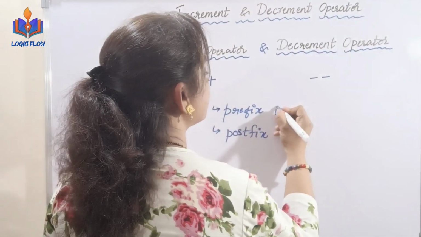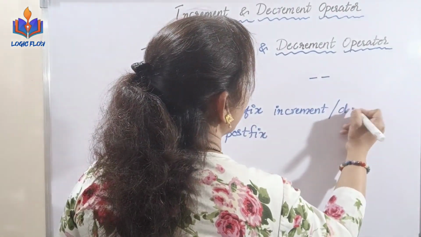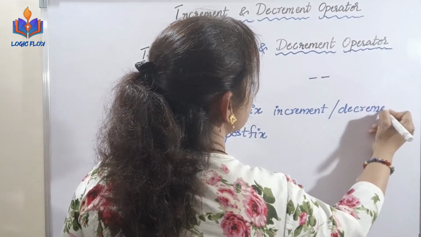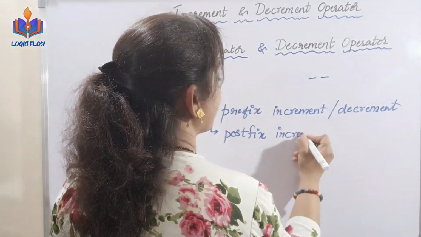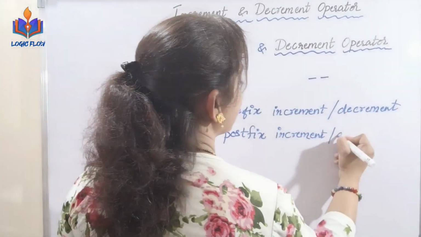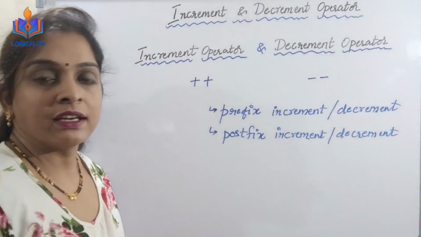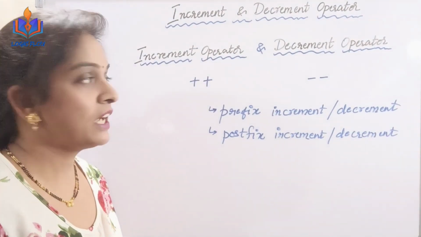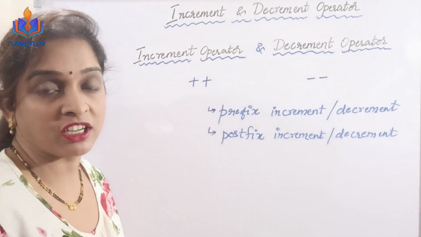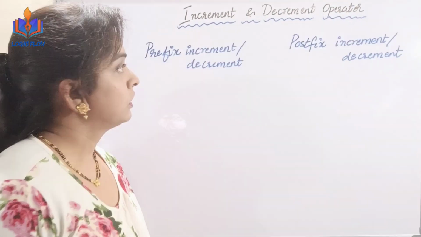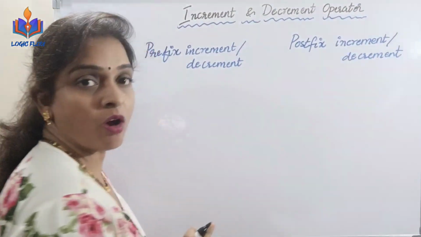So we have two types: one is prefix increment or decrement, and the other is postfix increment or decrement. The name itself is self-explanatory. So let us see what exactly the prefix increment or decrement and postfix increment or decrement operators are going to do.